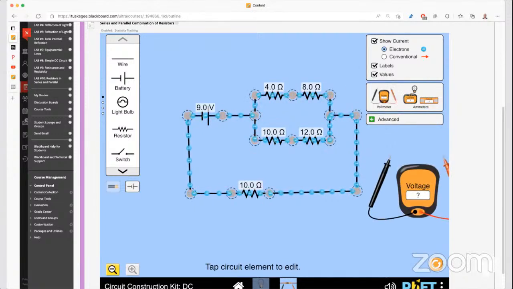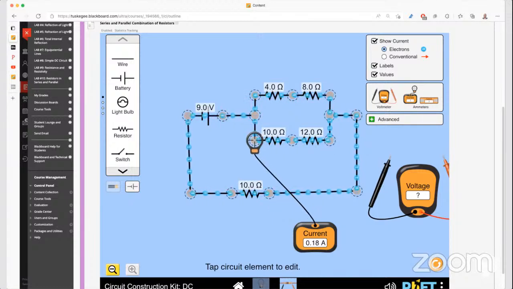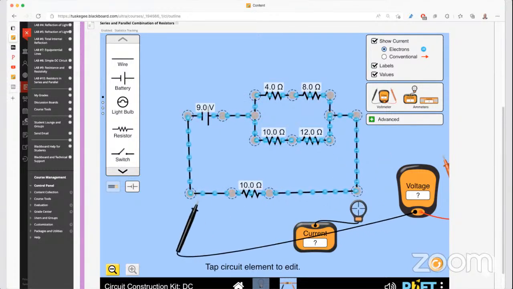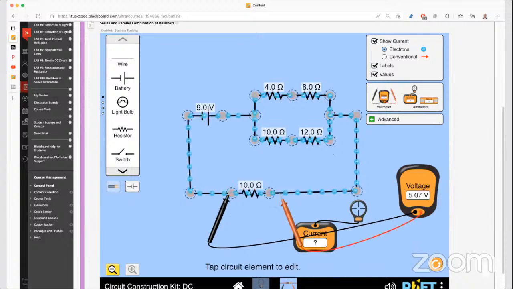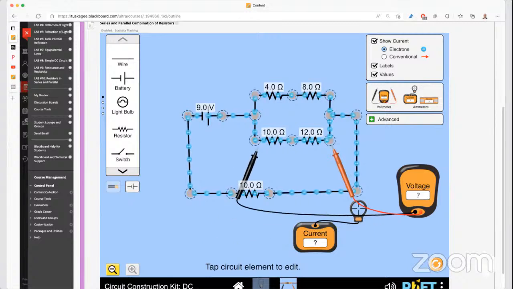As before, you can use your meter to measure the current through each device, the current through the 10 ohms, the current through this other resistor, the current out of the battery, the current in the upper branch. Okay, you can measure the voltages, voltage across this.